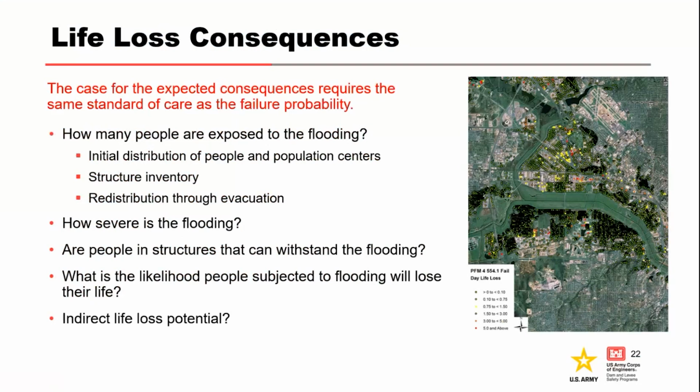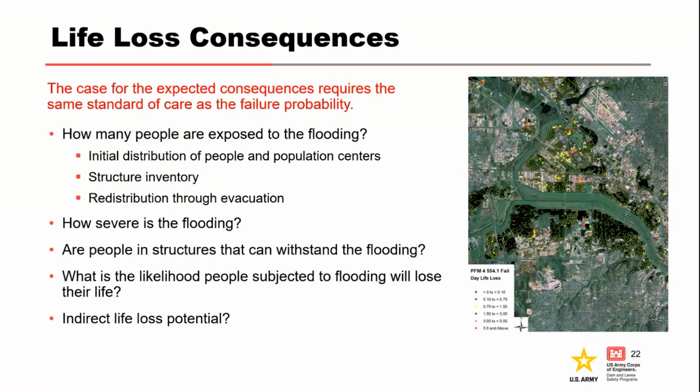Is it reasonable or is it old? How does evacuation occur? We don't usually model evacuation at lower level risk assessments, but you can talk about what that might look like. Is high ground nearby? Are there bridges they have to cross that might get cut off? Talk about it qualitatively. How severe is the flooding? That means how fast and how deep the water is going to come up on the population.